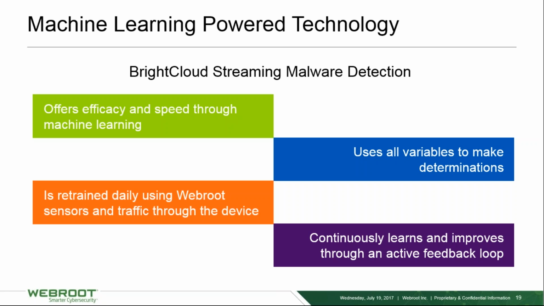That device may see a number of new files that have never been seen before. We leverage that back into the training model so that our detection and accuracy rate can go up.